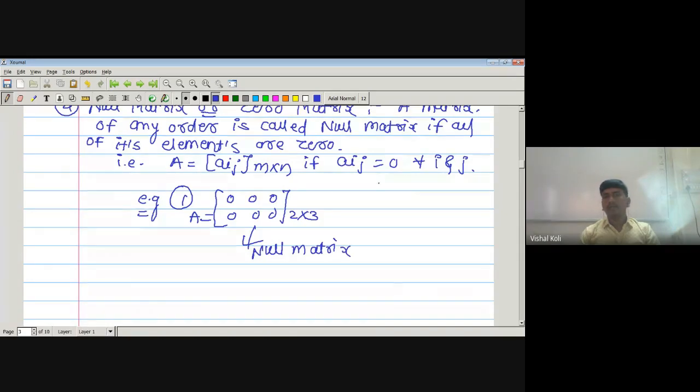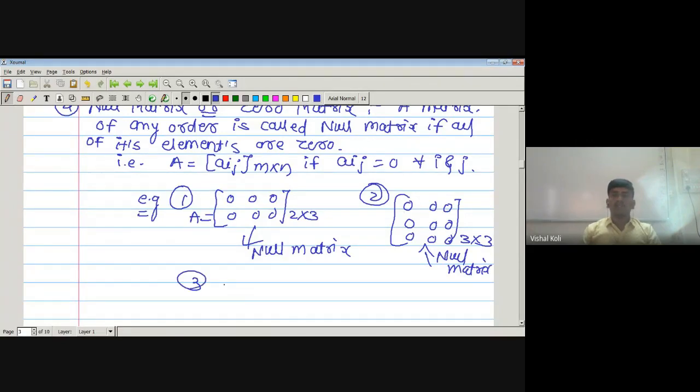And second will be 0 0 0 0 0 0 and 0 0 0. This will be a matrix of order 3 cross 3. Here again all the entries are 0, then it is again a null matrix. If there exists at least one element which is not equal to 0 in a given matrix, then the corresponding matrix is not a null matrix.